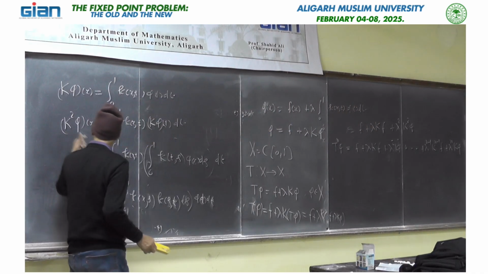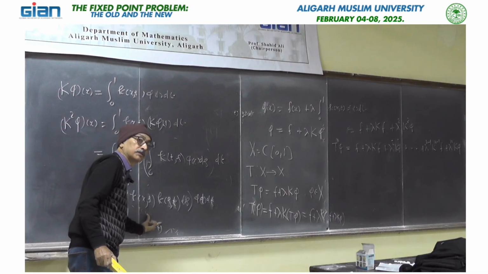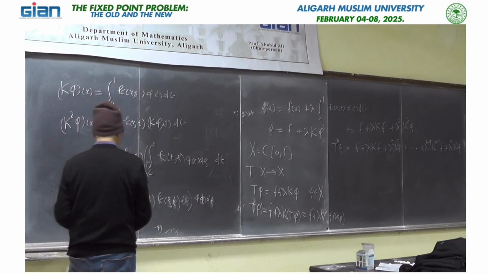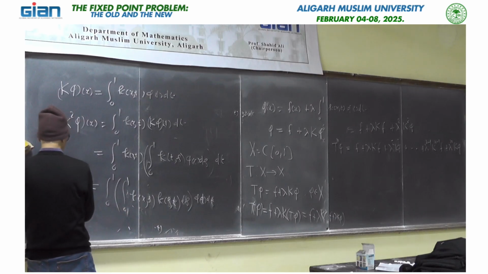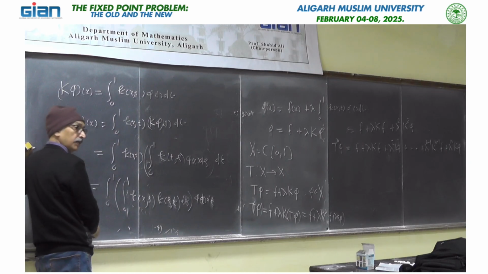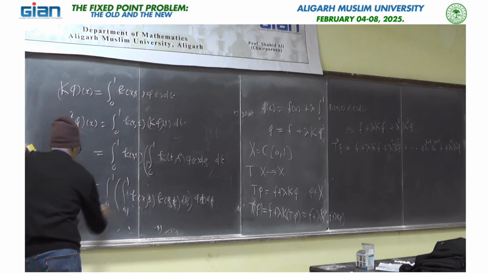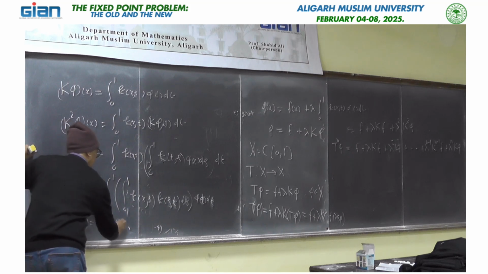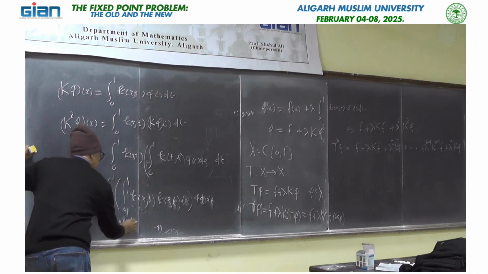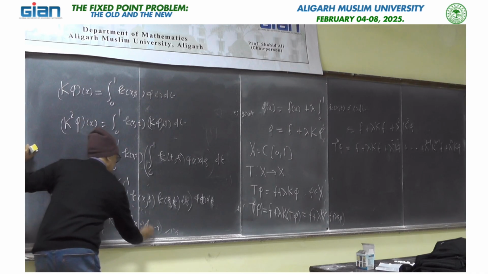This is the kernel of K squared, which we write as K2. K1(x,t) is simply K(x,t), whatever kernel we have originally, and K2(x,t) is the integral from 0 to 1 of K(x,s) K(s,t) ds.